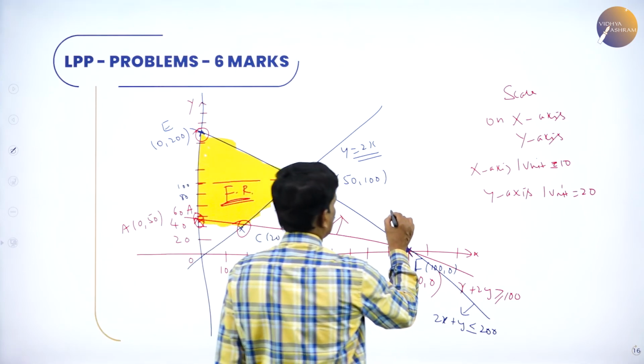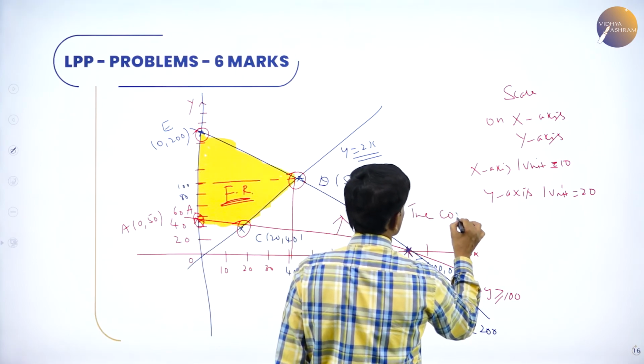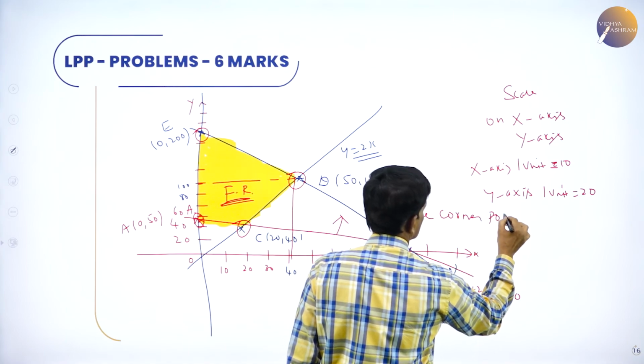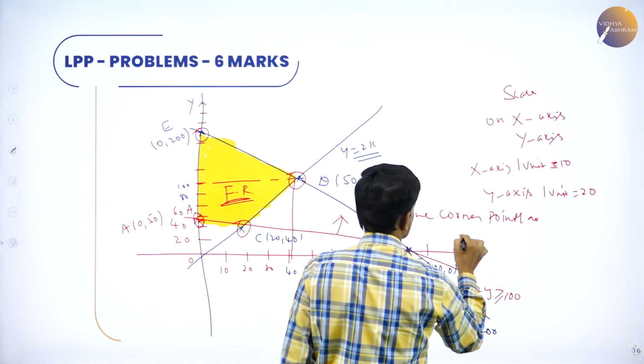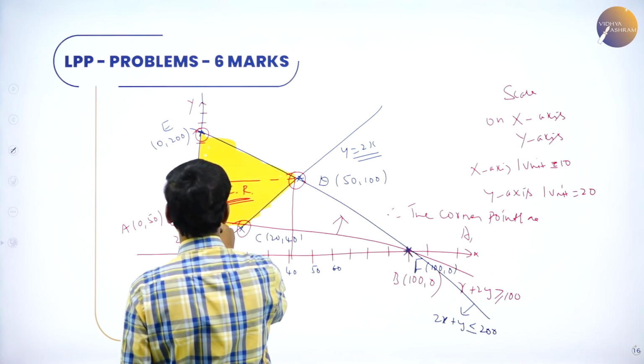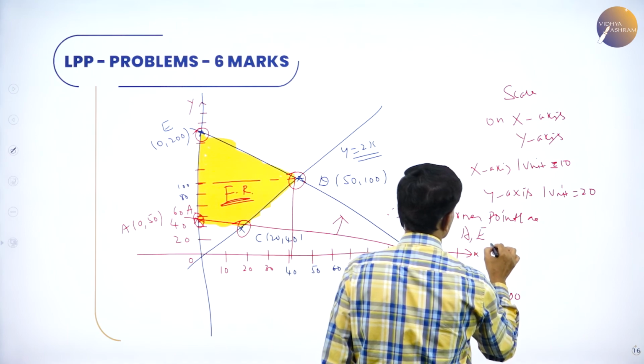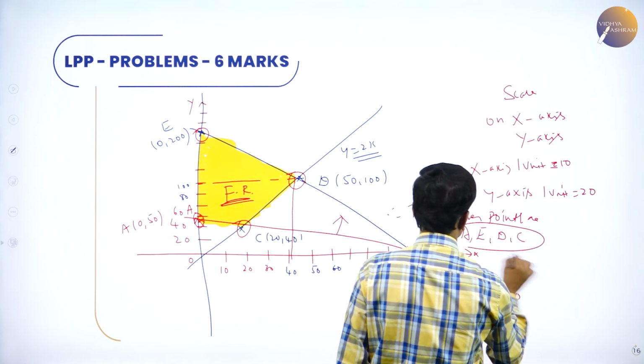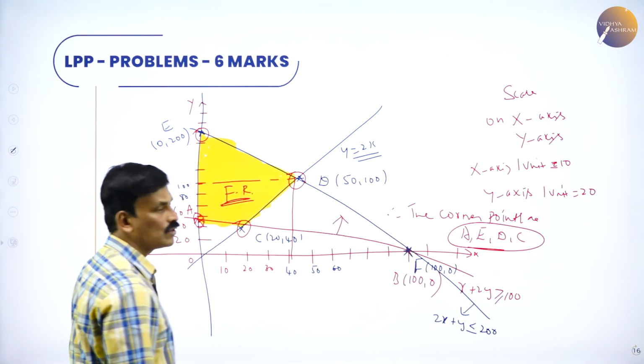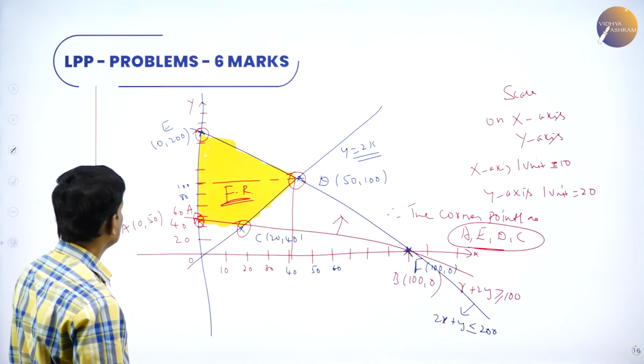Therefore the corner points are A, E, D and C. These are the corner points. Now write down the solution for this.